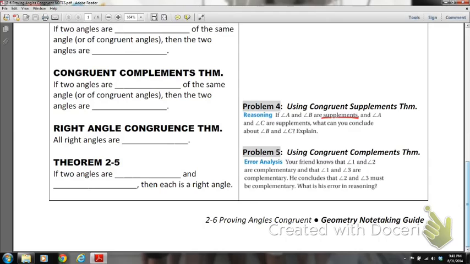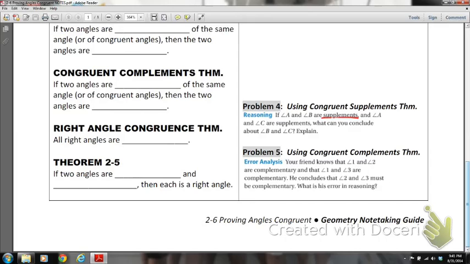And it asks you to explain. Anytime it asks you to explain, it just means you need to give a reason, a justification for a statement that you make. So let's look at the congruent supplements theorem. It says if two angles are supplements of the same angle or of congruent angles, then the two angles are congruent.